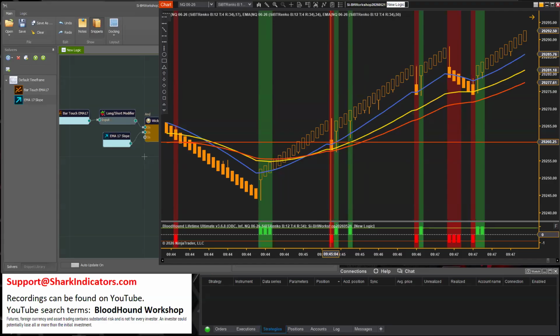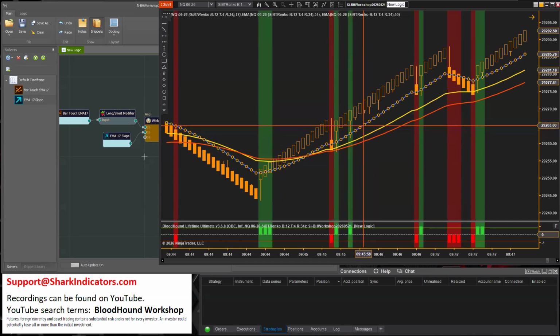We could also compare the open of the bar, so we know that it's a wick that touches if the open is above or below that fast moving average. There's usually at least two ways to filter things out here.